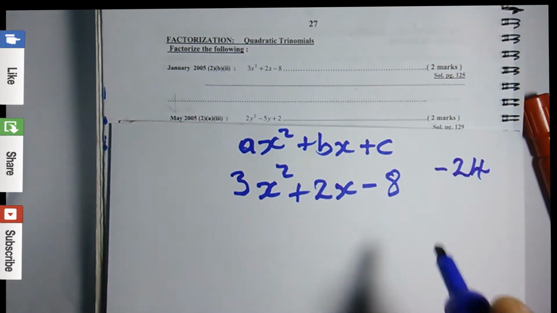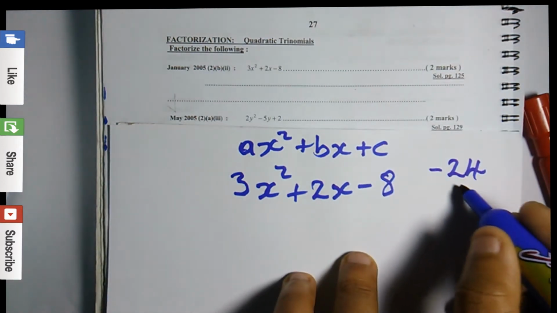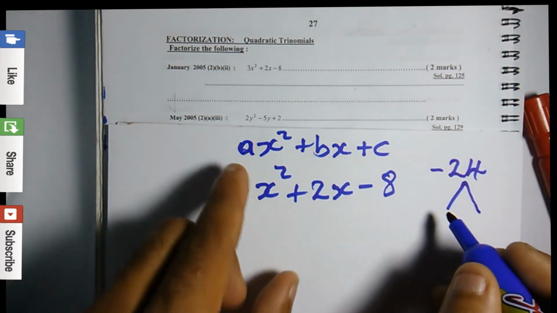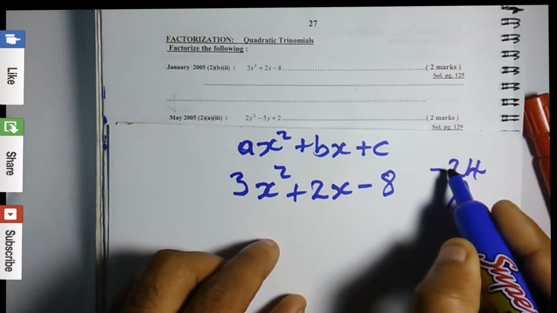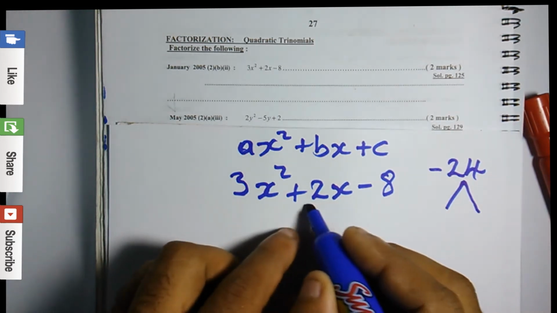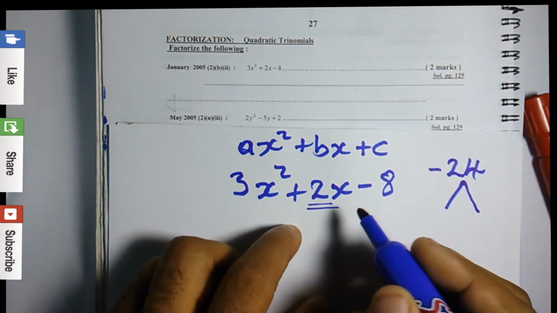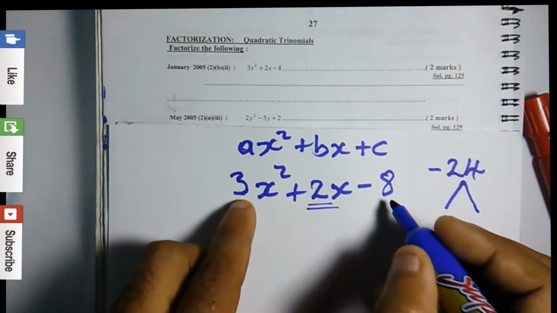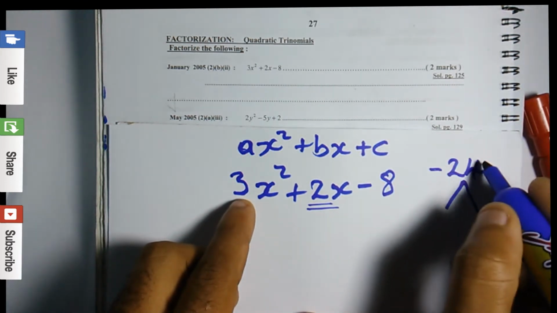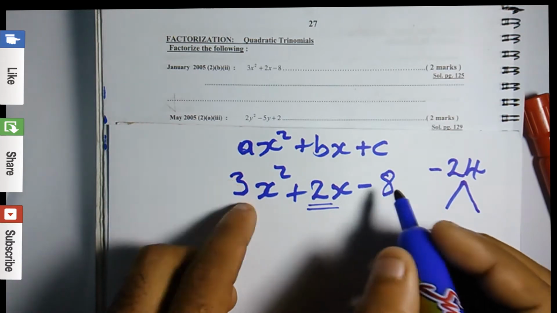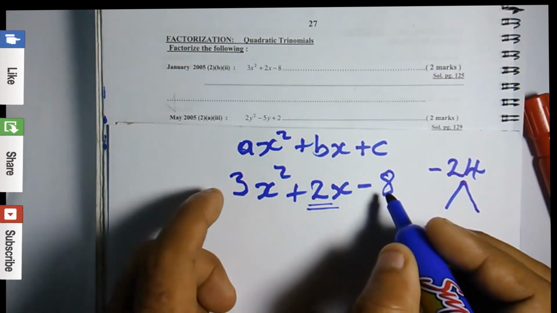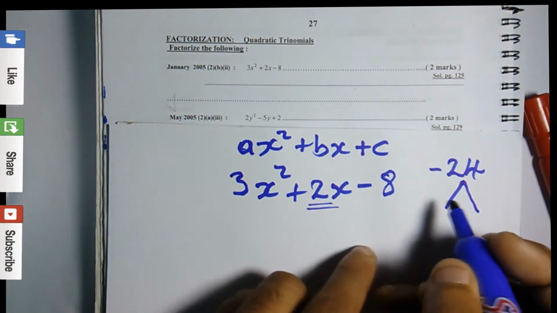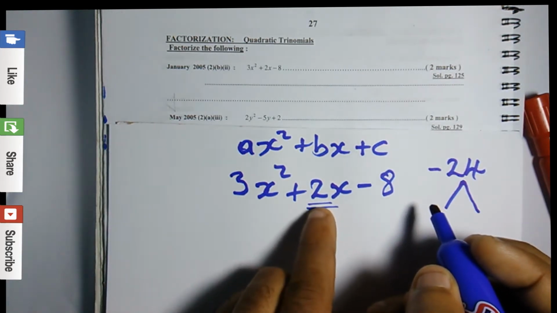For this minus 24, we're going to find two numbers or two factors. When we multiply them, we get negative 24, but when we add them, we get positive 2. Now, we know that 3 and minus 8 are factors of negative 24, but if we add them in any case, whether we switch the negative sign to the 3 or the 8, we're still not going to get positive 2.